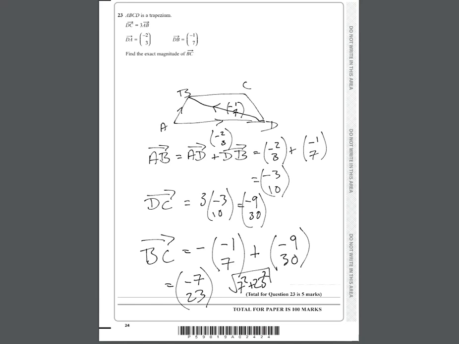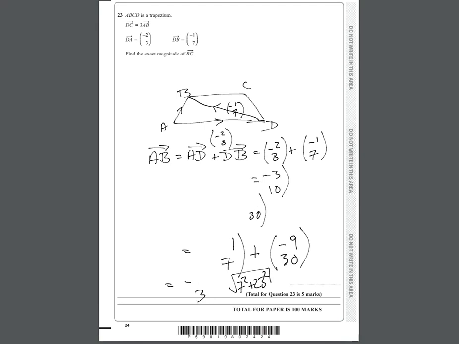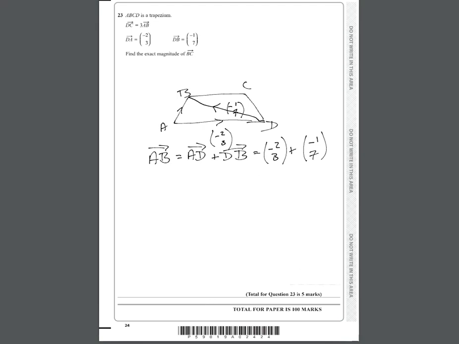Oh, I've gone wrong at the beginning again. A to D is in the opposite direction, so it's minus that, which is 2 minus 1, which is 1, minus 3, which is 4. Shame. So D to C is 3 times that, which is 3, 12.